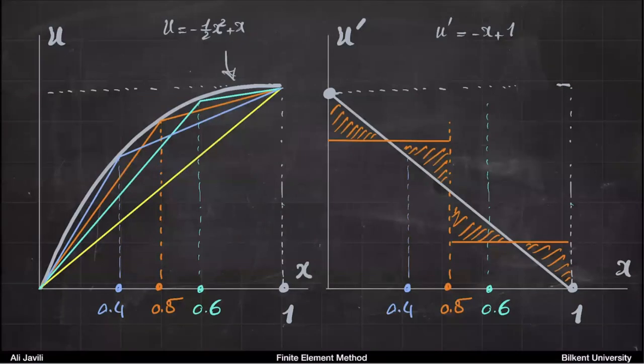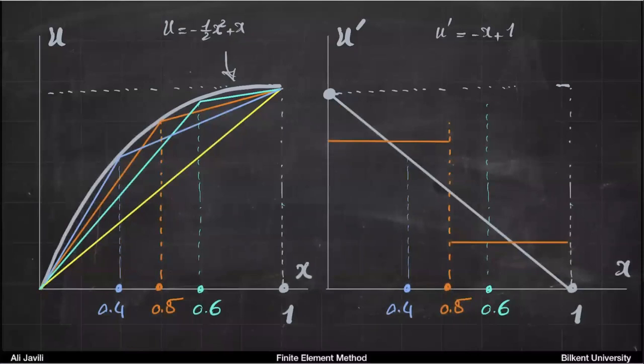We don't look at it from that perspective, but this is kind of what is happening here. That area is some sort of approximation of error for you, and canceling that is how the finite element works.